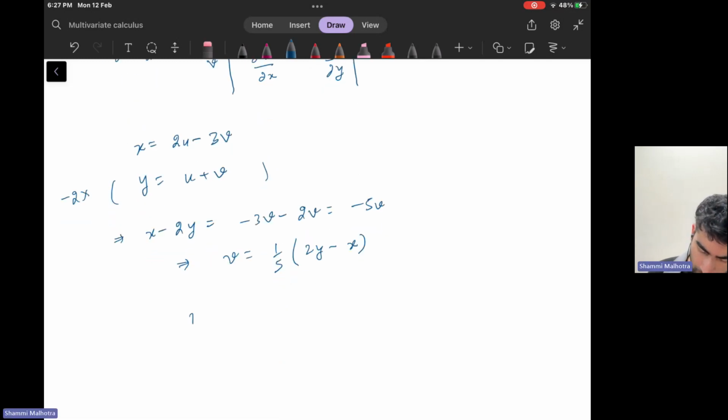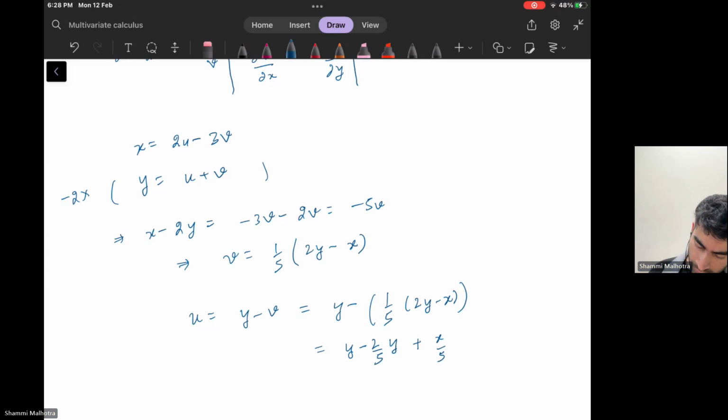And then u is given as y minus v, and v is 1 by 5 times 2y minus x, so y minus 2 by 5 y plus x by 5. So this is nothing but x by 5 plus 3 by 5 y.